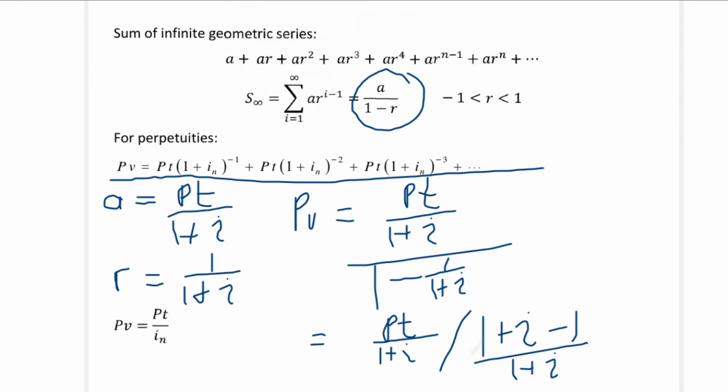So the 1 and 1 will cancel out, and this 1 plus I and the 1 plus I will cancel out, and in the end what we have is payment over I, my interest rate. So that was for an ordinary perpetuity.